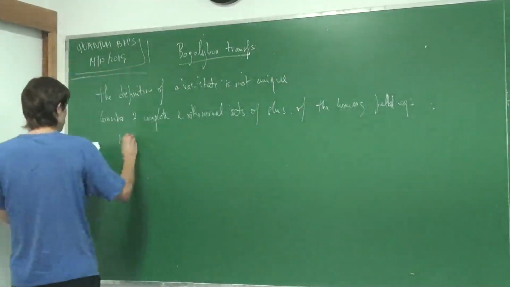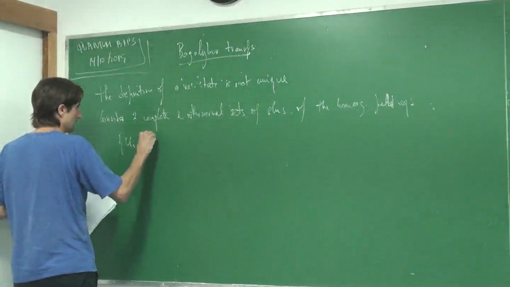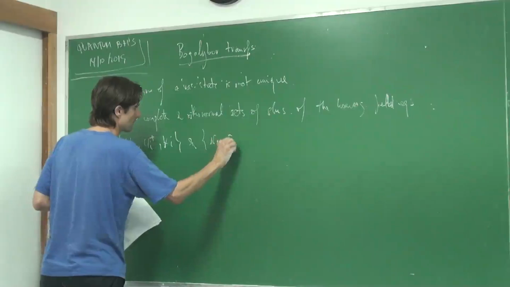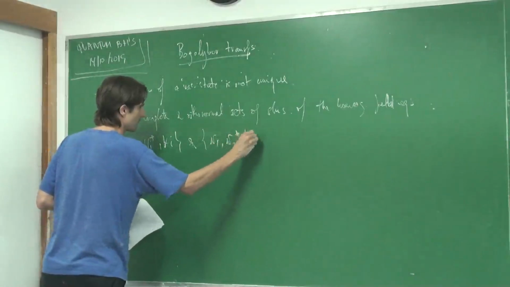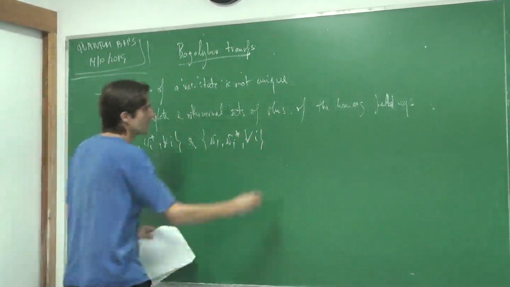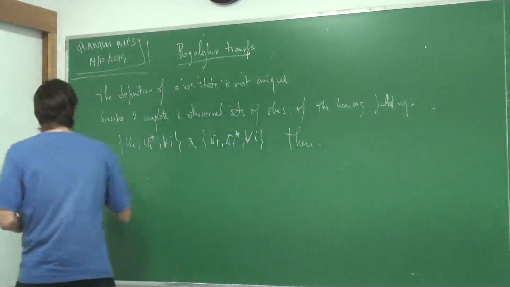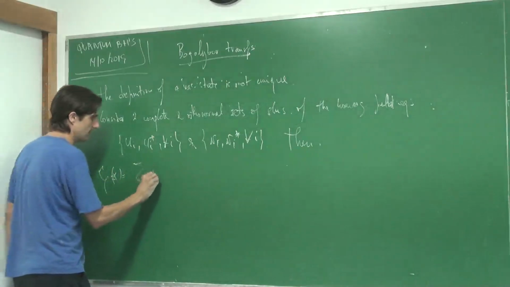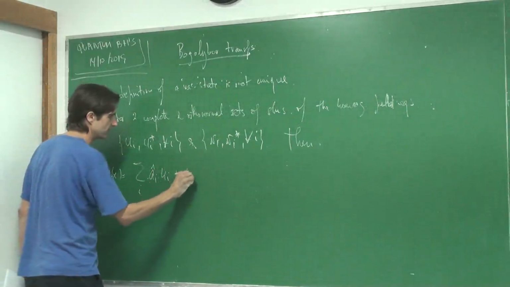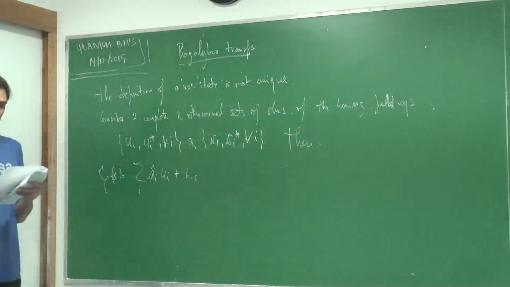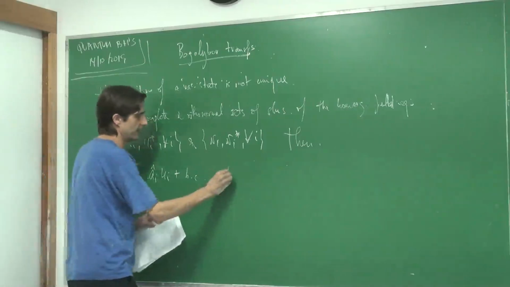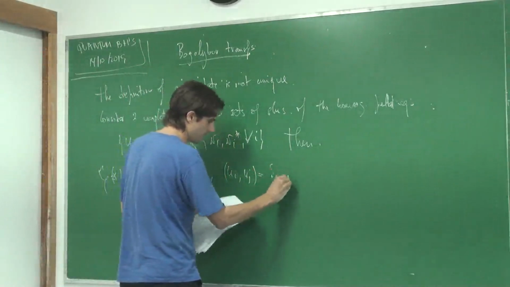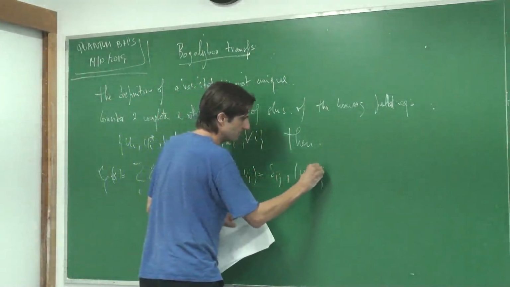U and V. Then you can write your field as a linear combination of the first set, plus HC for Hermitian conjugate, and then we have the inner product properties that I gave earlier on.